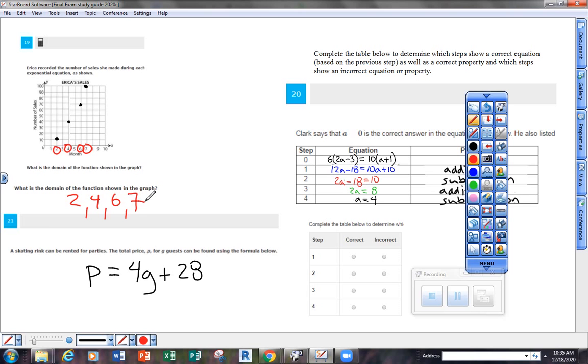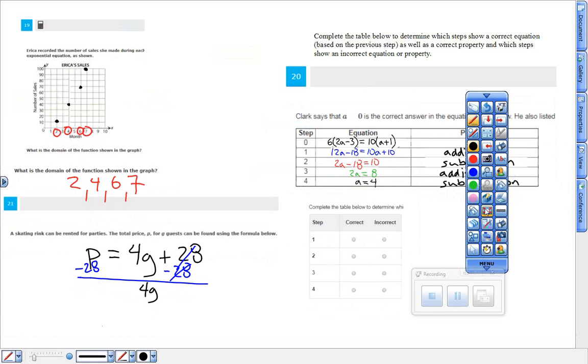All right, this one, solving for g. Take away this 28. Bring that 4g down. Set it equal to p minus 28. Divide by 4. Some of you, when you're dividing, that 4 magically turned into a 3. Some of you were starting to get your notes mixed up with this example.